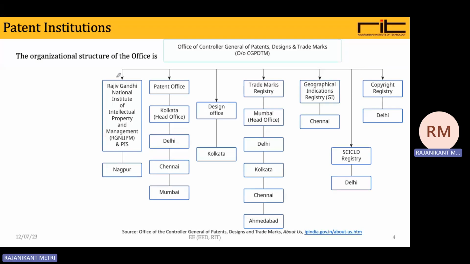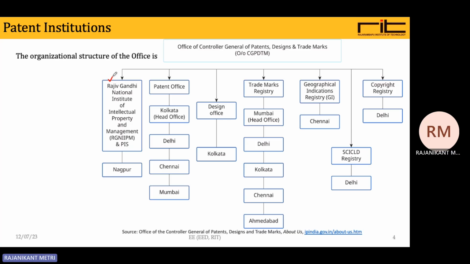So the first vertical you can see here is the Rajiv Gandhi National Institute of Intellectual Property Management, that is RGNIPM, and it is located in Nagpur. So this is one of the National Institutes of Intellectual Property Management.